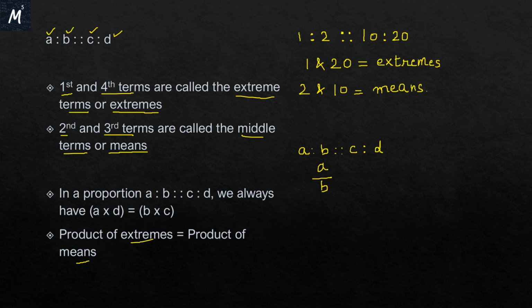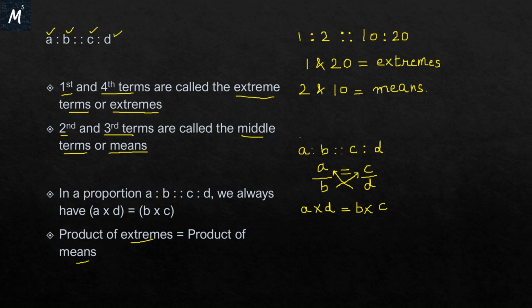So we get A upon B, and the proportion sign can be written as equals to C upon D. Now we simply do cross multiplication over here. So we get A into D equals B into C.